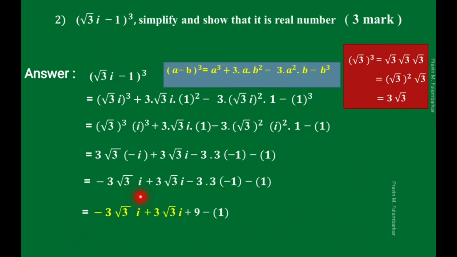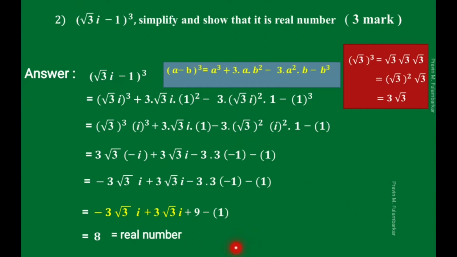Keep the first term as it is, second term as it is. We write here minus minus plus 3 into 3 is 9 minus 1. So this first term gets cancelled with this second term because both are like terms with opposite signs. So 9 minus 1 we get 8, which is a real number.